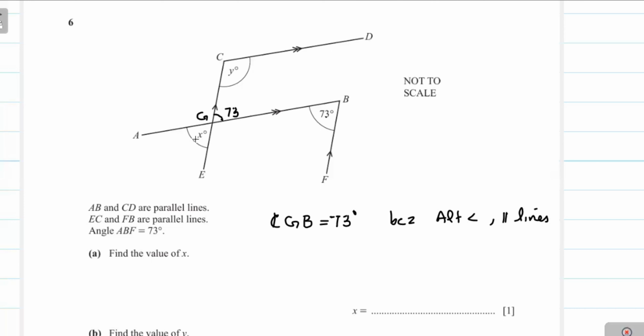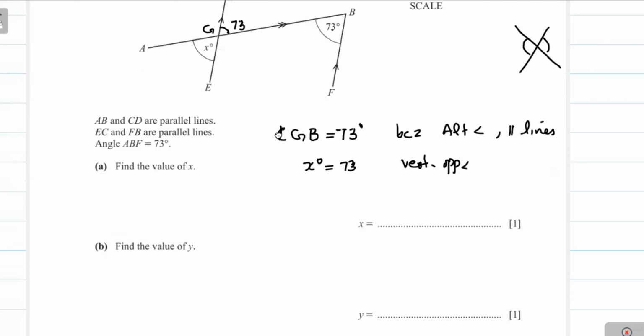Next, this angle x degrees equals 73 degrees, because this is the vertical opposite angle. When two lines intersect each other, the vertical opposite angles are equal. Therefore, we write vertical opposite angle. The x degrees will be equal to 73 degrees.